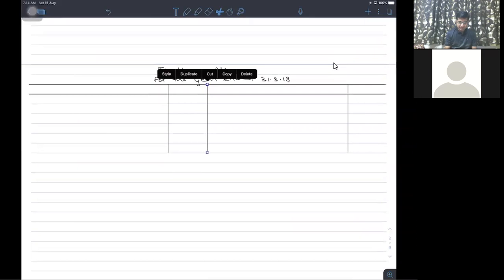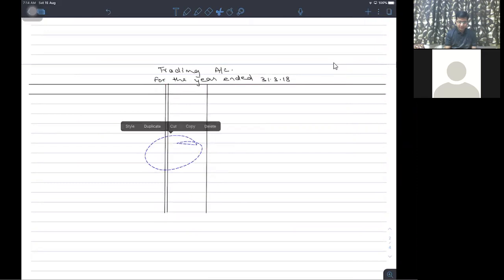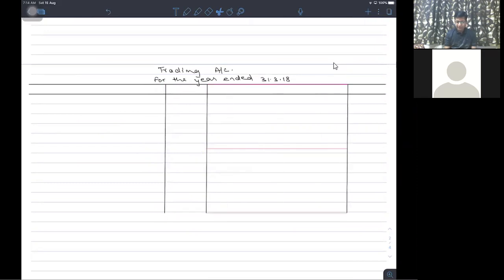In fact, I would suggest when you are doing the questions on final accounts in your examination, you should also be preparing it separately because a similar kind of topic is there in your CA foundation syllabus also. So at that point in time, you should be preparing it separately because it becomes easier.